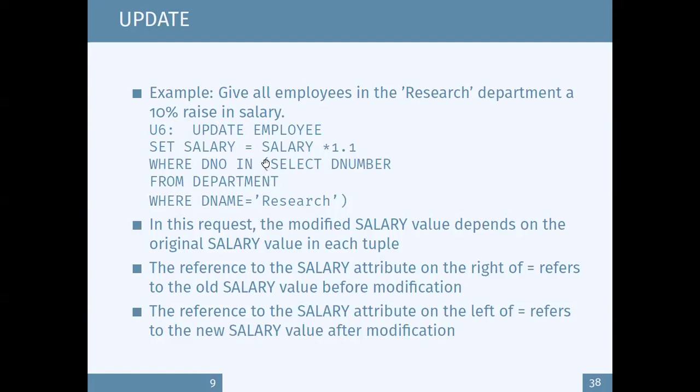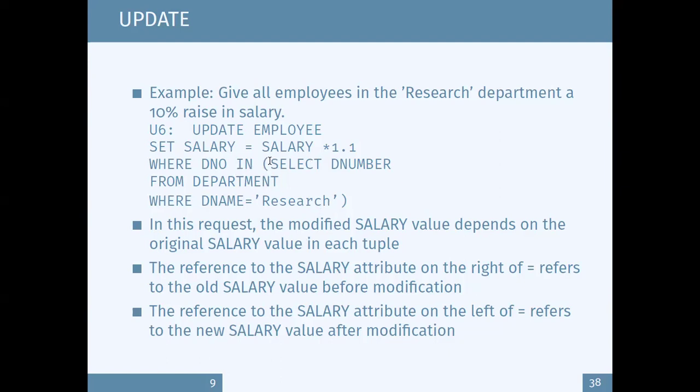Right? But remember, there's a selection here. So this salary raise, we are not going to give it to everybody. If you have these two lines only without this, then we are actually giving 10% raise for all the employees. But what we are saying here is, again, we have a nested query.